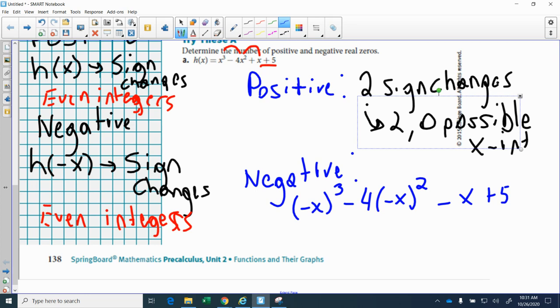If I simplify this, x cubed is going to stay negative x cubed. Negative 4x squared, well, the squared is going to cancel the negative out. So this would stay as negative 4x squared minus x plus 5.